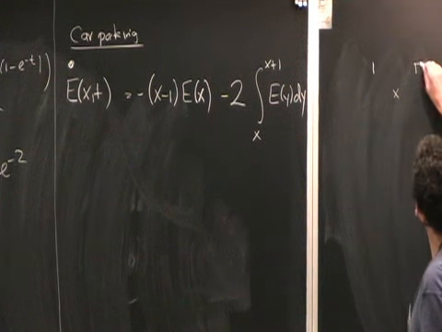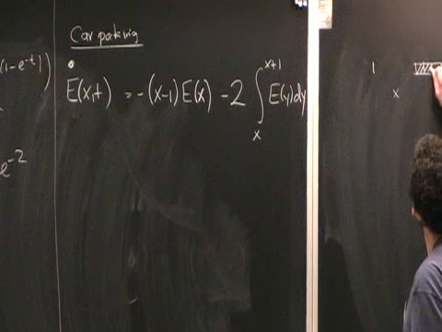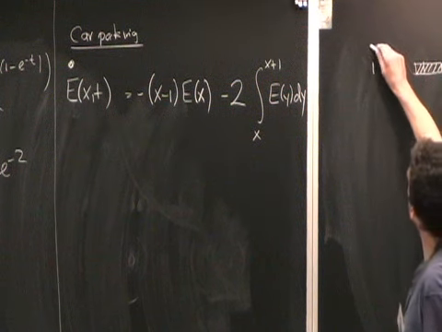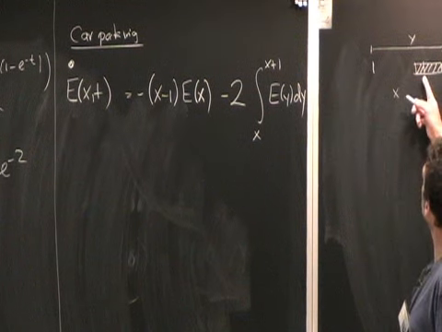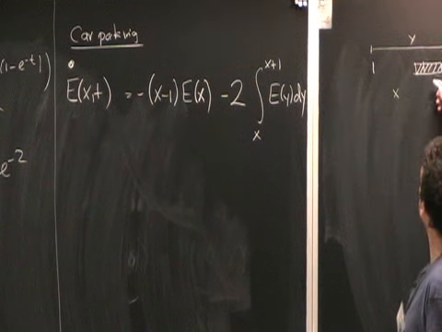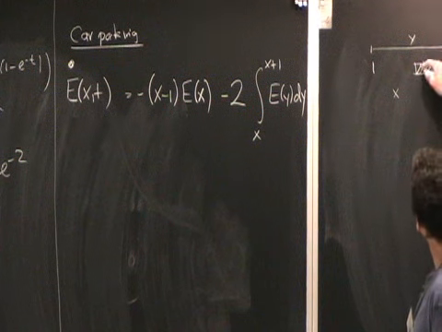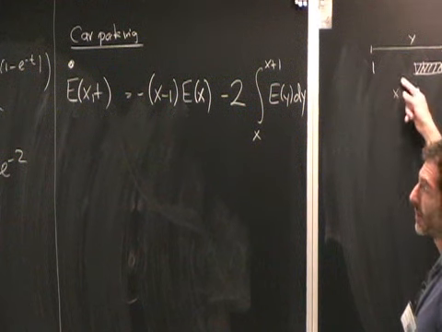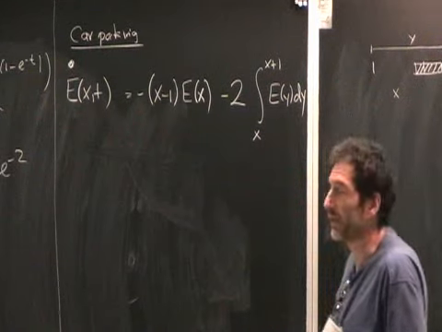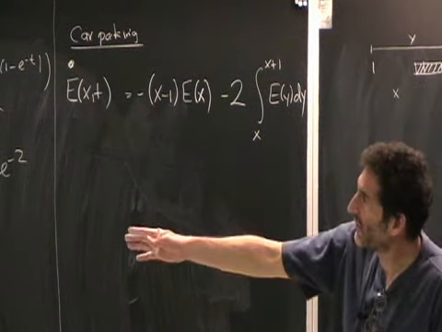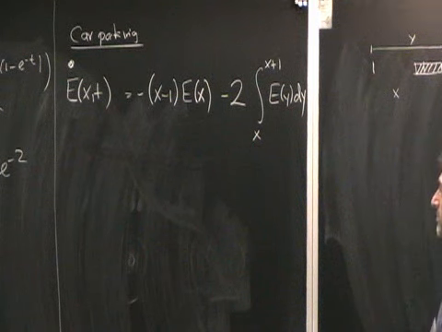Here's my car, which is of length 1. It can park if this region here, y, is anywhere between x and x plus 1, then the car will park, and some part of the nose of the car will go into the parking space and decrease the density of intervals of length x. So this is a generalization of the first equation I had over there.